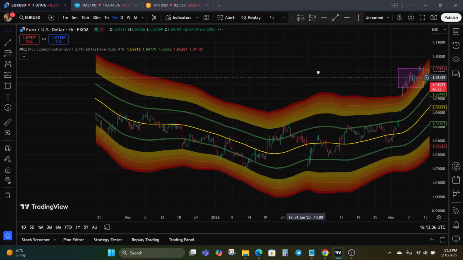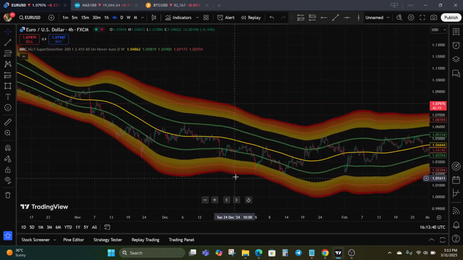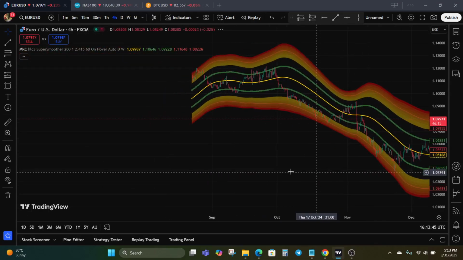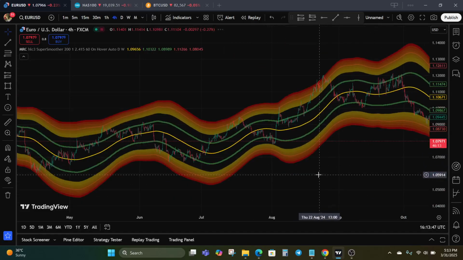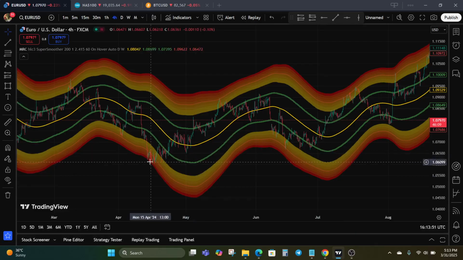Conversely, when the price drops into the lower boundary or below the lower boundary, the market is considered oversold, signaling a potential buying opportunity.